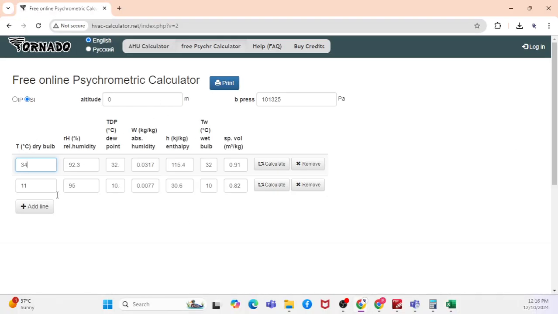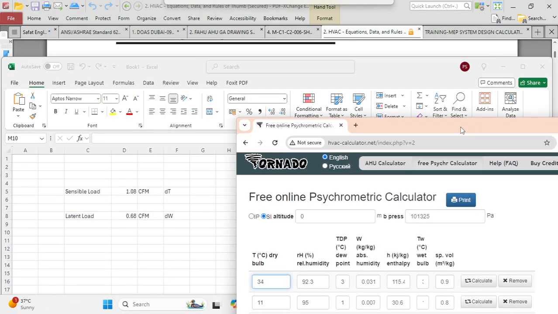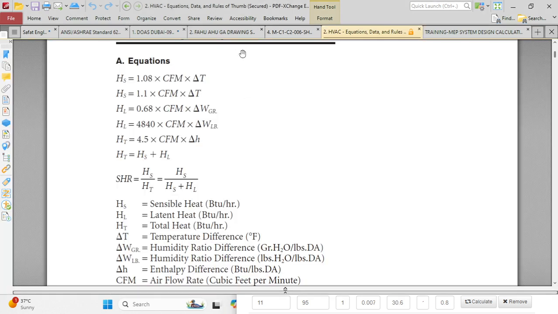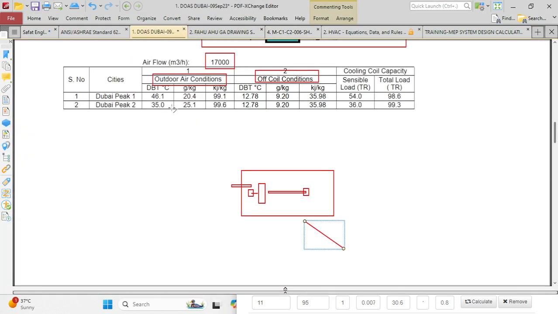Okay. Now, if I go to the psychrometric chart, I can enter the values based on the conditions here. So this is one of the conditions. I will take this condition, 35, 34, 32, as per SAFAT regulations.